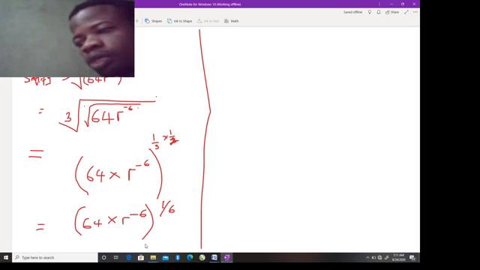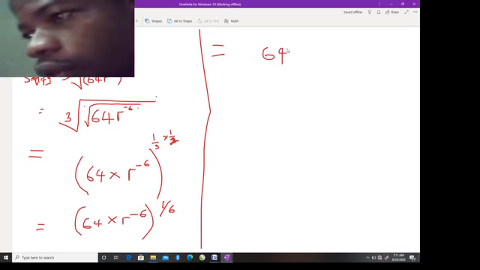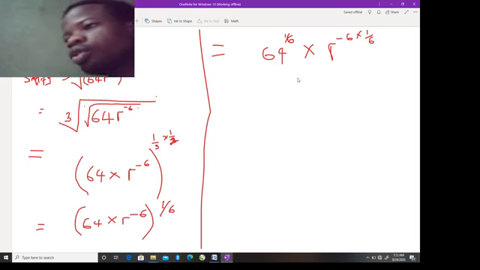Then you split what is inside the bracket over this power. So you're having 64 raised to the power of 1 over 6, then times r raised to the power of minus 6, again raised to the power 1 over 6.